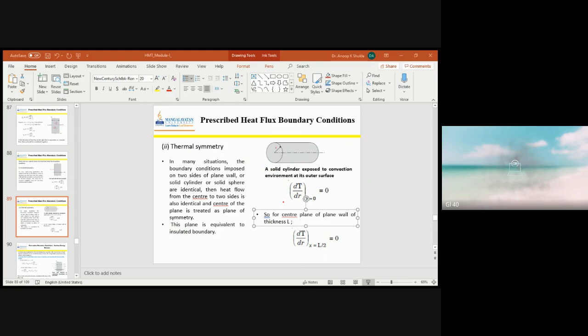So this is the relation for the left hand side, and this one is for the right hand side.